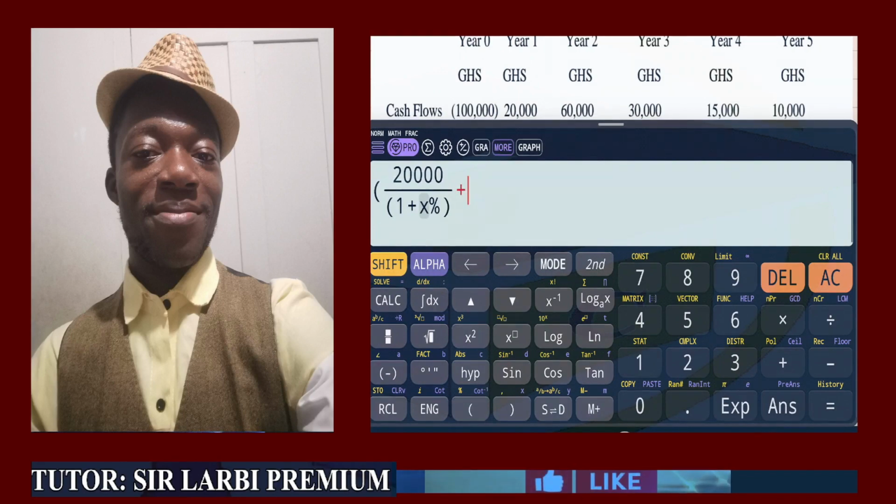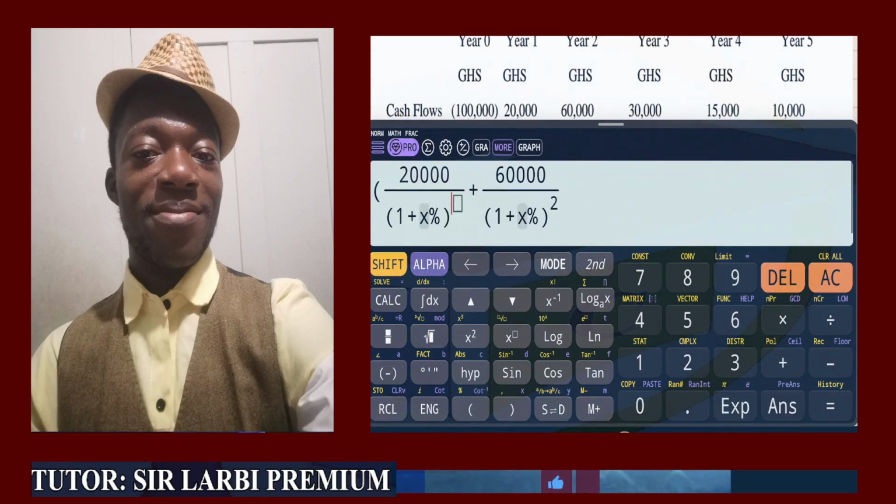Then we have plus. Then we continue with the next cash flow, which is 60,000 divided by 1 plus alpha x, then add your percentage to it. Remember, this is for year 2.